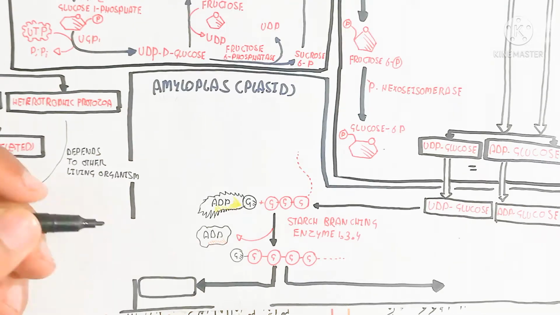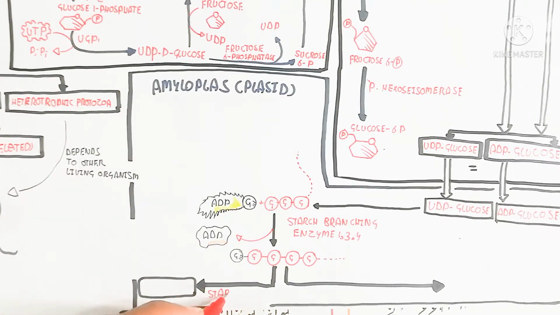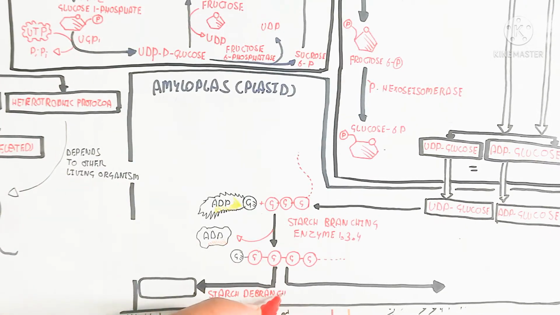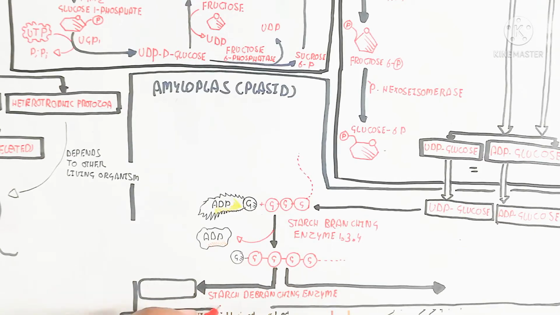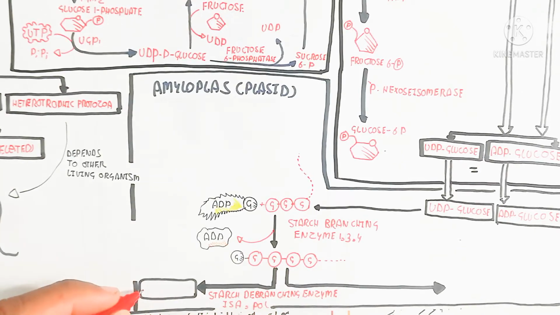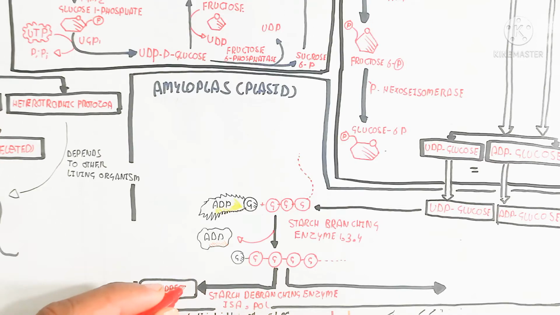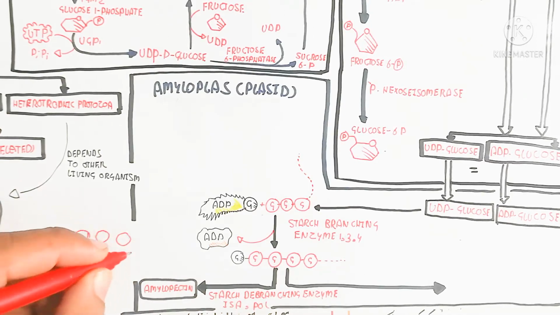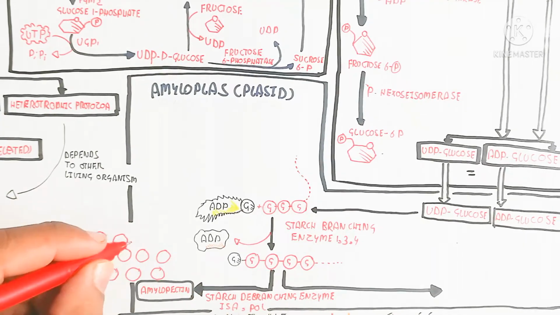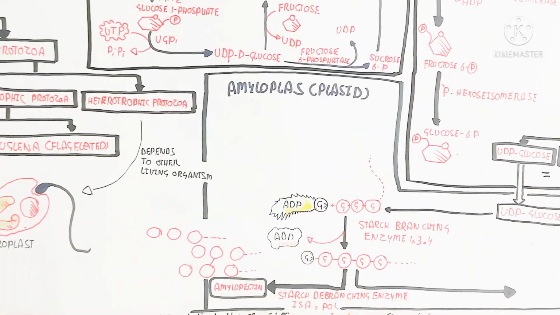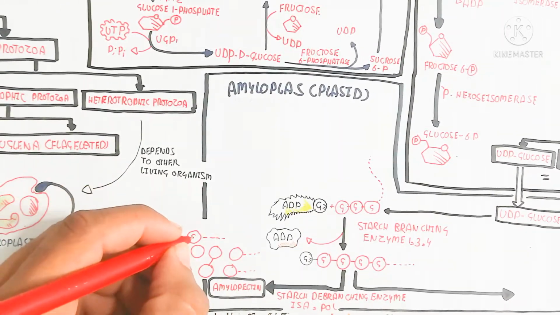In this way, breaking down and repairing again, with alpha 1-4 and alpha 1-6 glycosidic bonds occurring, forms the complex known as amylopectin.